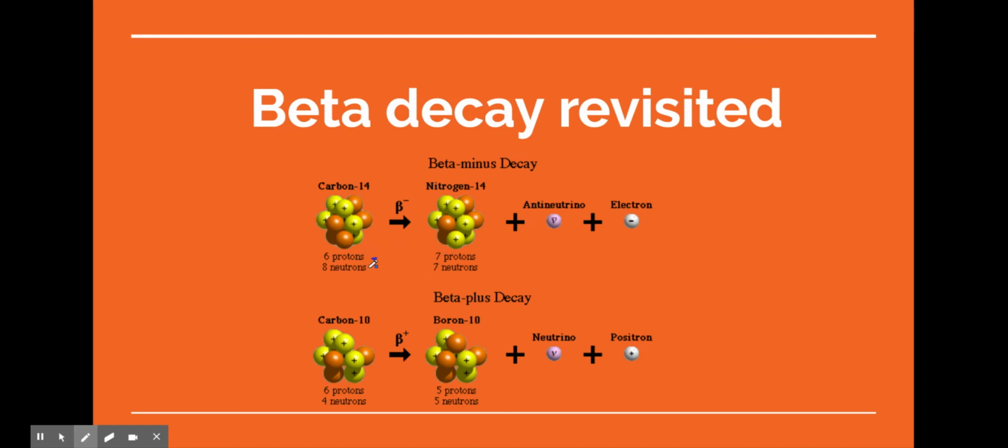We traded a neutron, which went down in number, for a proton. So the neutron turned into a proton, and in the process emitted this electron and antineutrino. And a similar thing happens down here, except in this case a proton turns into a neutron, emitting a neutrino and a positron. So beta decay can be better understood if we look at quark theory.